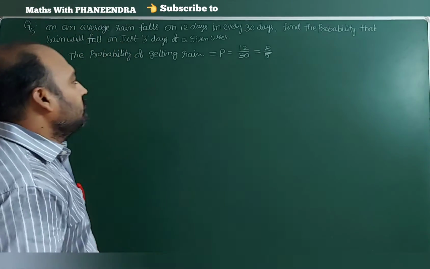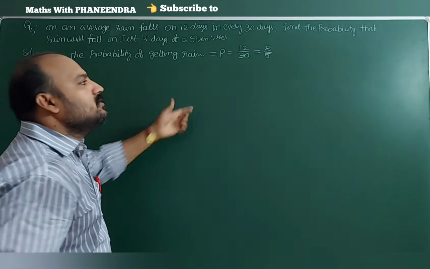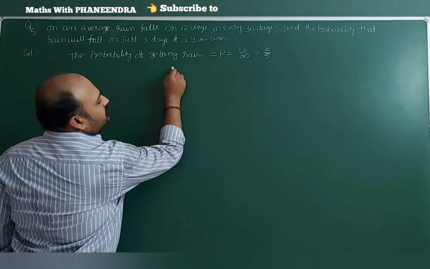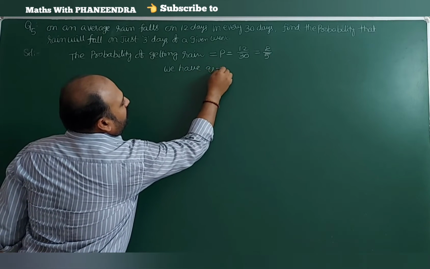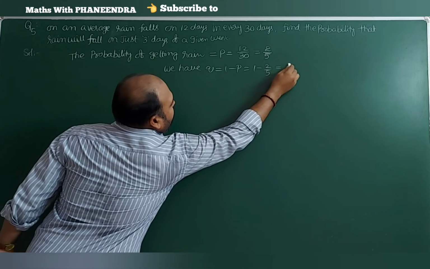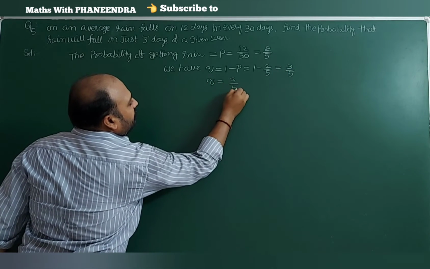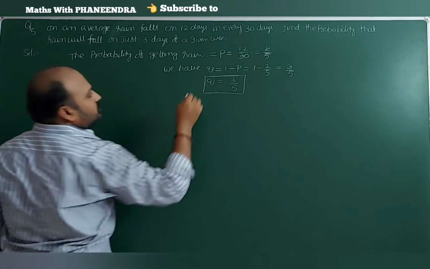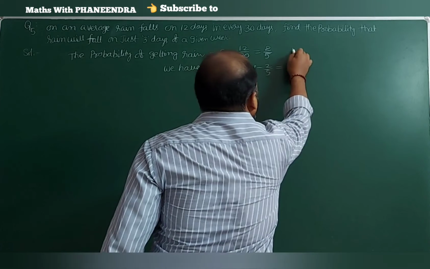Yes, 2 by 5. Whenever we have the p value, we know q is the probability of not getting rain. So q is equal to 1 minus p, that is equal to 1 minus 2 by 5, which is equal to 3 by 5. Therefore q is equal to 3 by 5. So the p value we got, q value also we got. p is equal to 2 by 5.